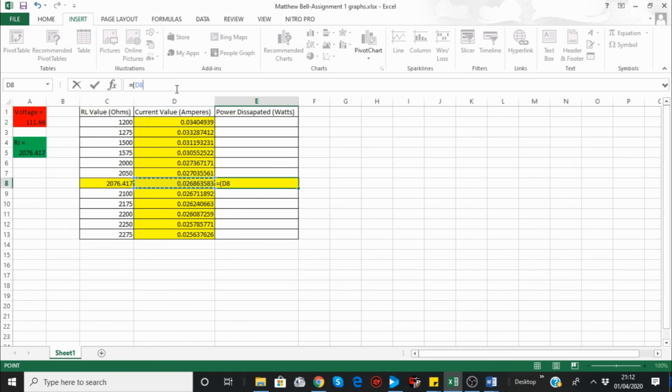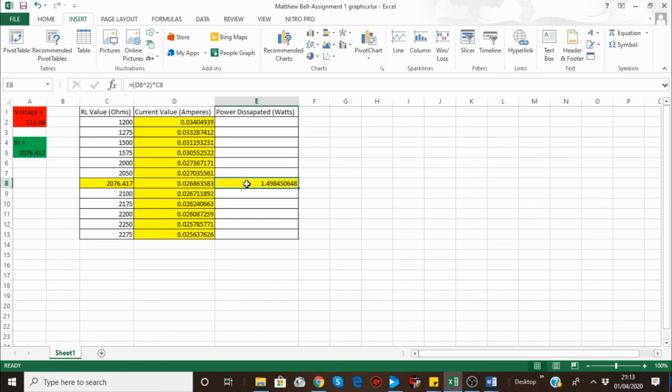Again, yours will probably be different. For squared, because it's I squared times RL, you press Shift 6 on your keyboard, which shows this up arrow, and press 2. That just means squared in a spreadsheet or Excel. Then close the bracket and say times RL. Click on RL and then enter.